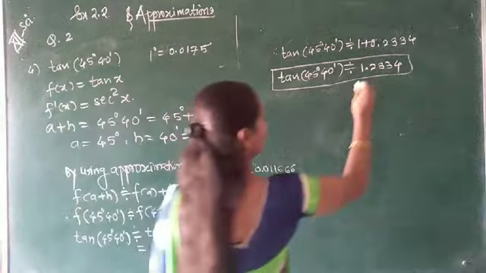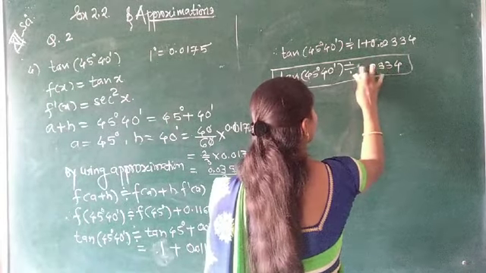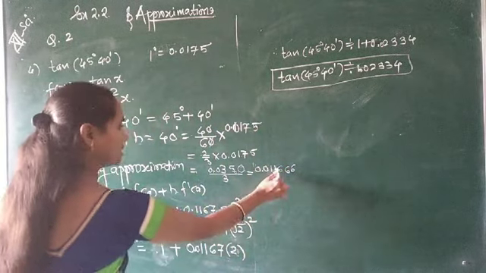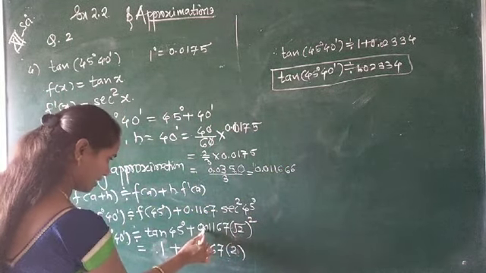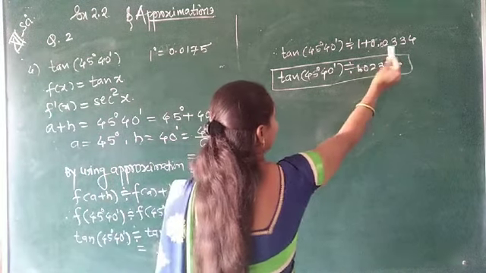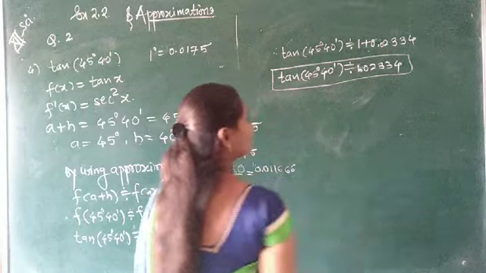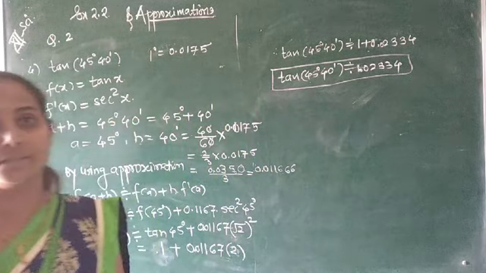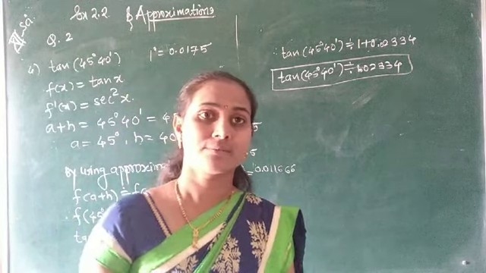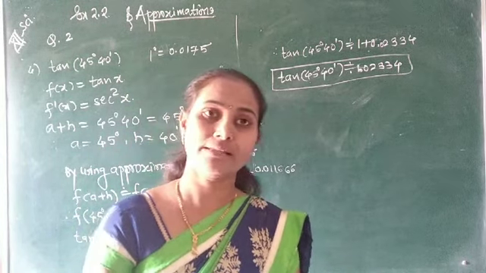Here we find the value of 0.011. I'm writing here only 0.11. So take it as 1 since it is 0.023, and if we add this, then we will get 1.02334. In next lecture we see our next question in exercise number 2.3, that is question number 3. Thank you.